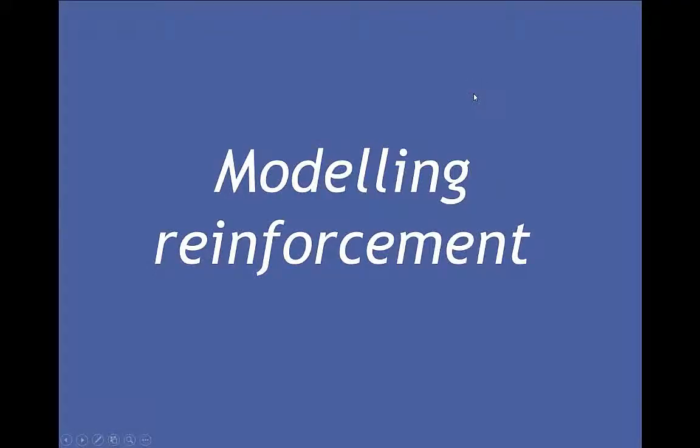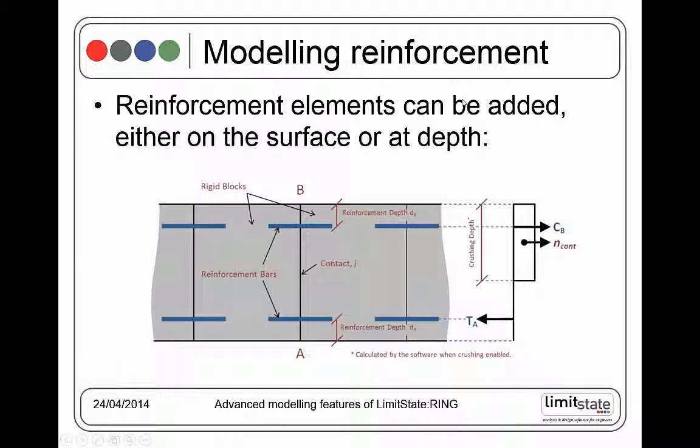Okay, so moving on then to the third and final advanced feature that I wanted to cover today, modeling reinforcement. It's a new feature in version 3 of the software.